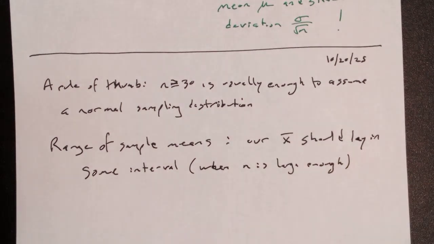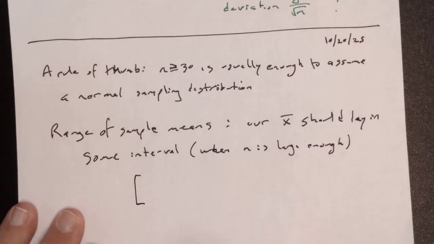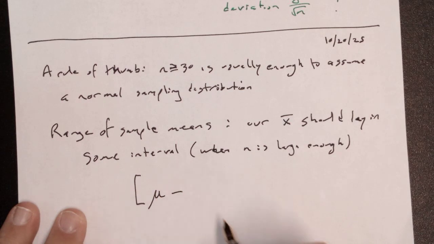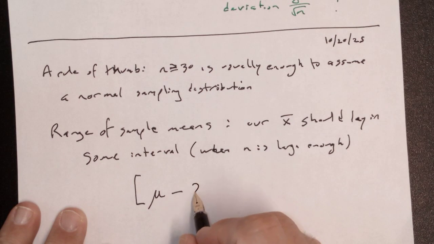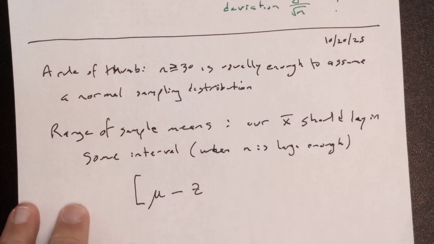And how we decide that is to give a lower bound based on the z-score that goes with how precise we want to be.